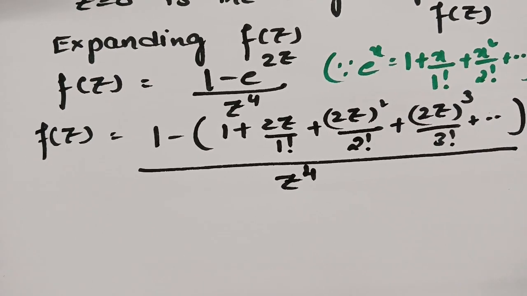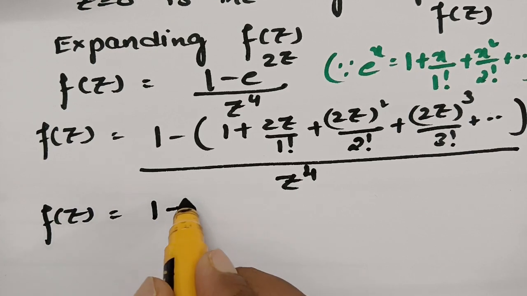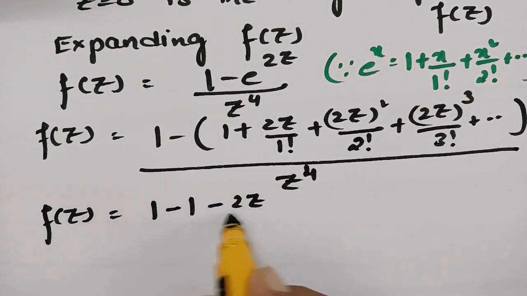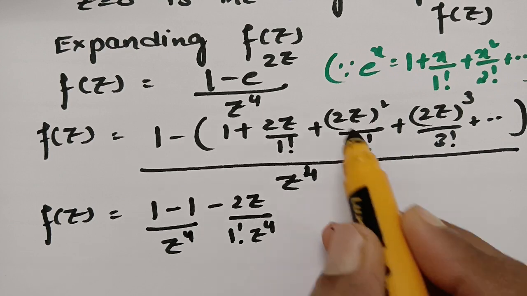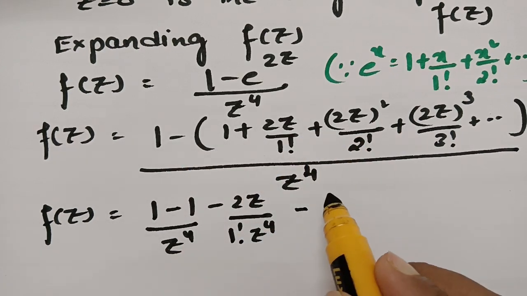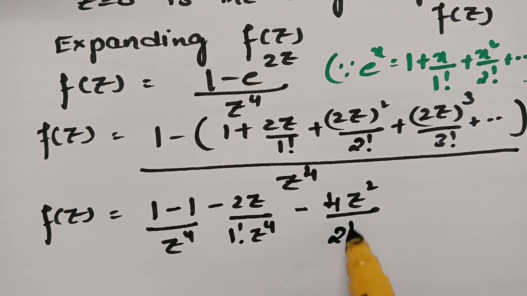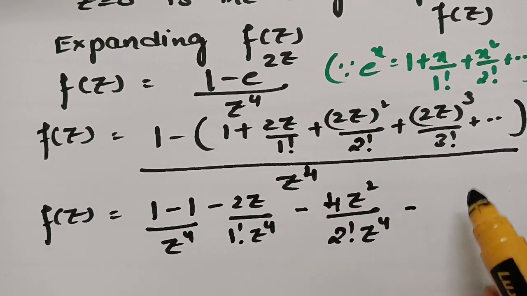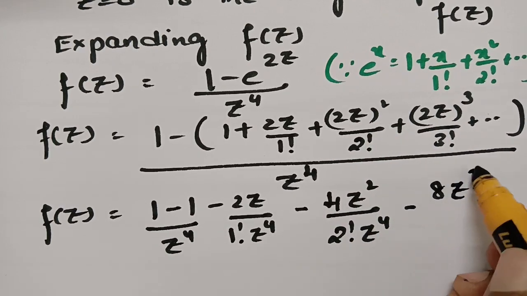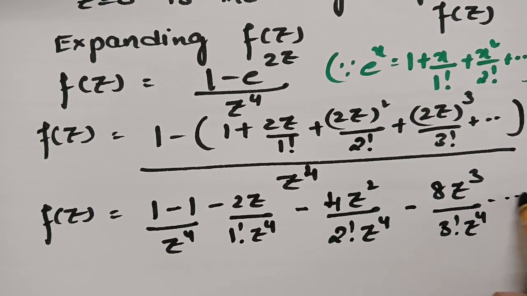After expanding, f of z is equal to 1 minus 1 minus 2z by 1 factorial into z power 4, and minus into minus, minus 2 square, that is 4 into z square by 2 factorial into z power 4. Minus into plus, this is minus 2 cube, that is 8, z cube by 3 factorial into z power 4 minus and so on.